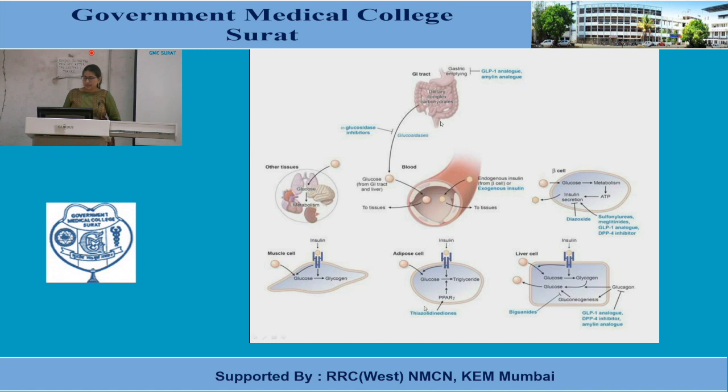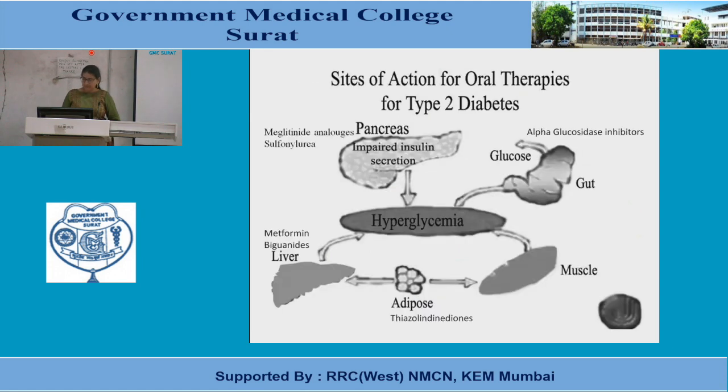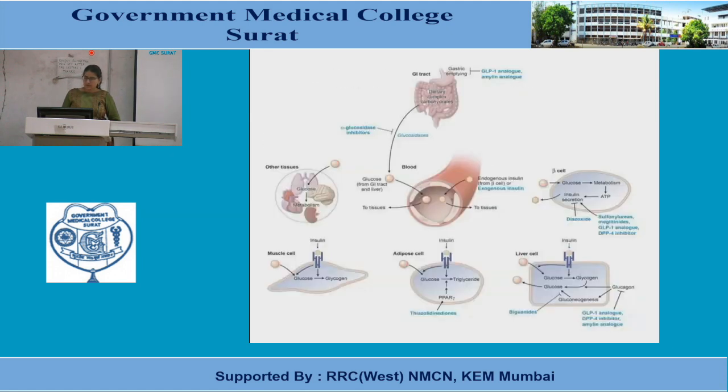Thiazolidinediones act at the PPAR gamma, and here insulin. In the adipose tissue, as in the last slide we talked about, thiazolidinediones will block this conversion of triglycerides to glucose.